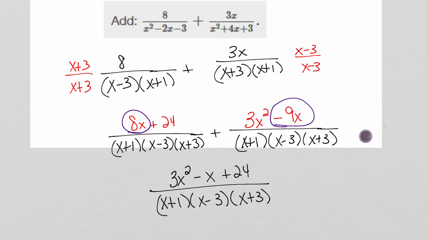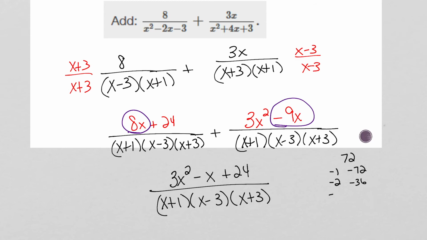Now, I need to see if this numerator is factorable. So I'm going to multiply this times this, and I get positive 72. And I want factors of positive 72 that add up to be a negative 1. That means both factors have to be negative, okay? So negative 1, negative 72, that doesn't work. Negative 2 and negative 36, that doesn't work.